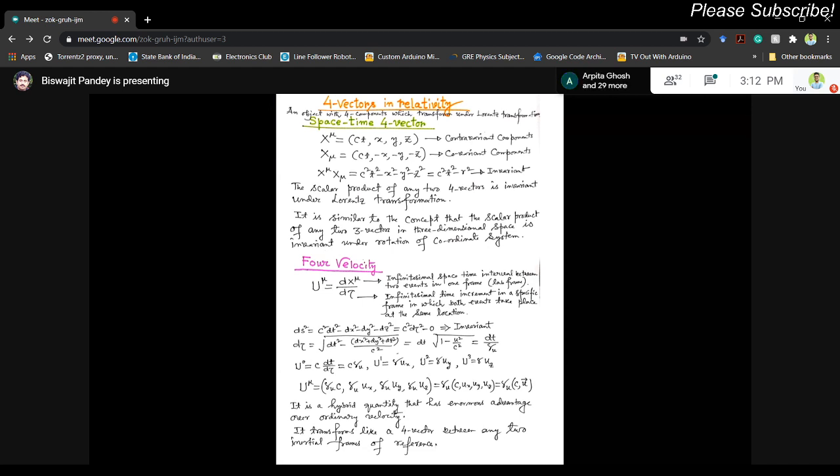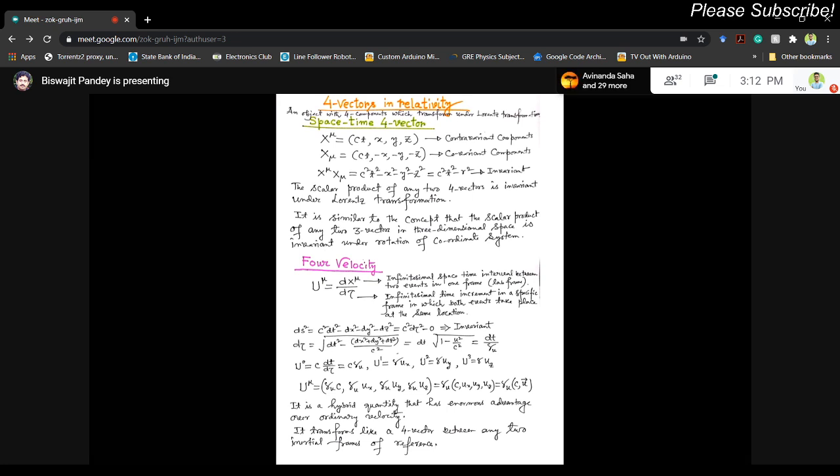Now, can you define the rest frame of light or photon? As I just repeated a couple of times earlier, you cannot define the rest frame for a photon or light. There is no such thing, right? Everything is based on light, right? So you cannot define the rest frame for light and calculate d tau. D tau is proper time, and proper time can be only measured in the rest frame of the particle.